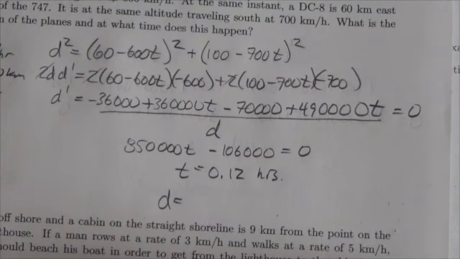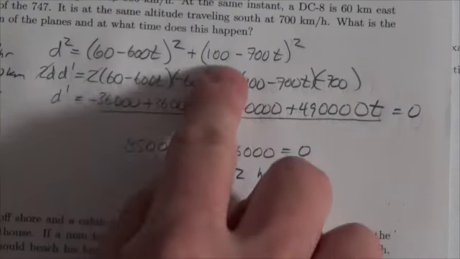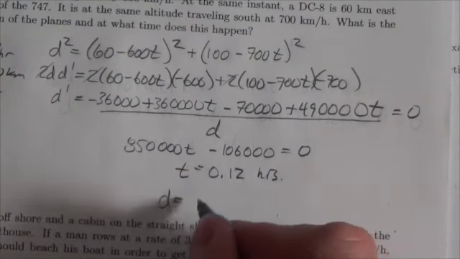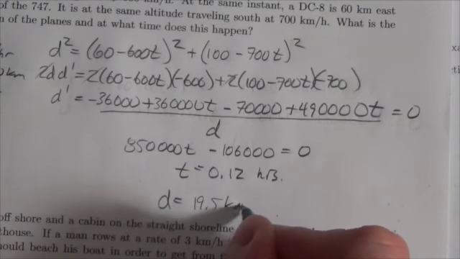So this is going to be the square root of (60 − 600t) squared plus (100 − 700 times our answer) squared. So our minimum separation here is going to be 19.5 kilometers.